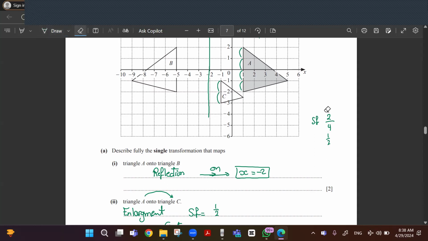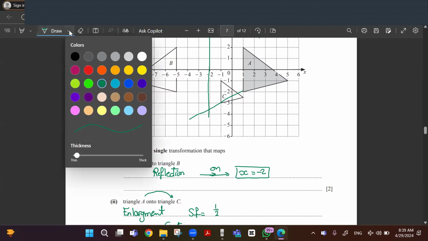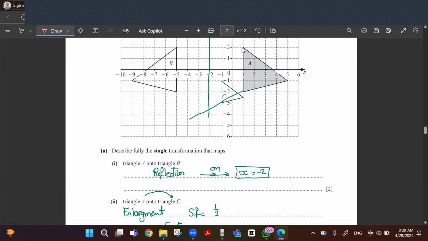Then how to find the center of enlargement? As we said, I am going to join each point with the corresponding one. Look here, I am going to join this with this, with the ruler, of course, and this with this.